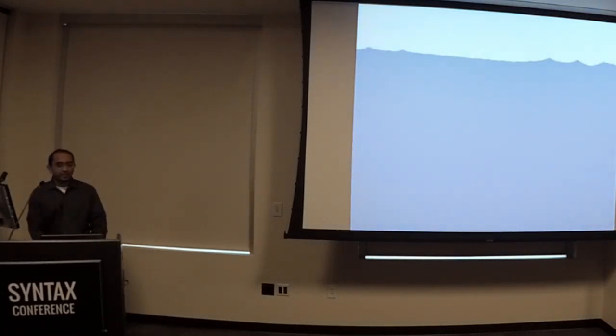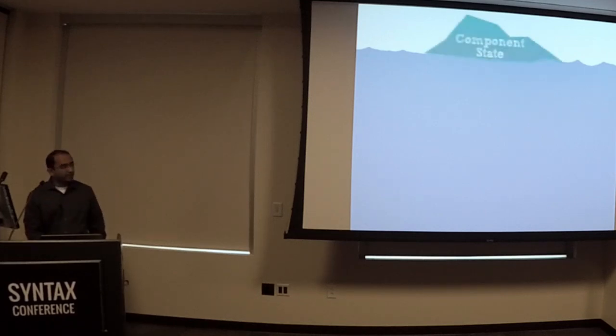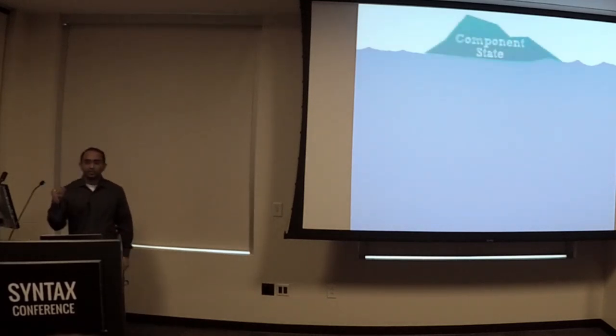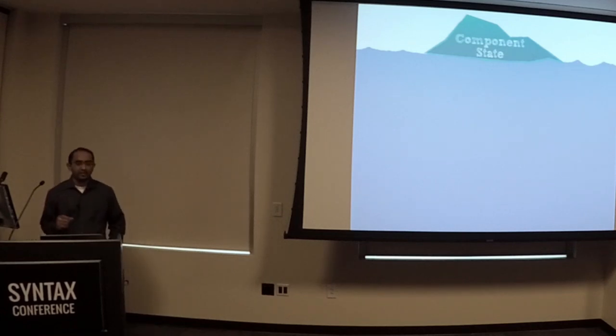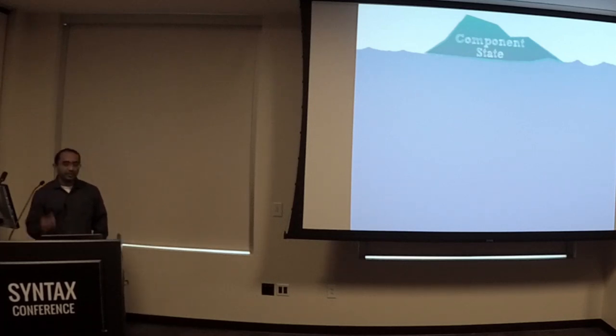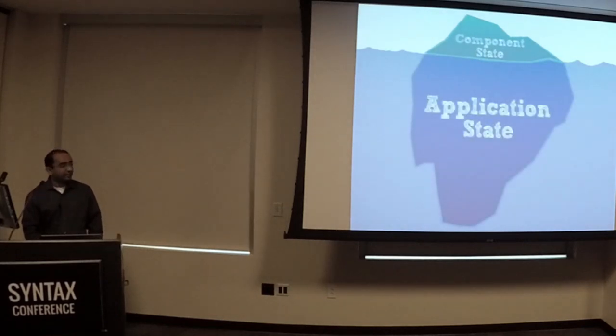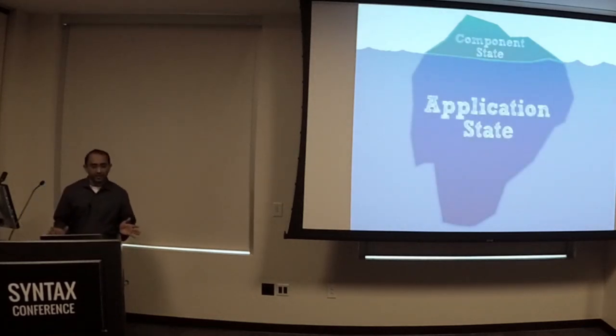So state in applications like React can be broken down into 2 types of states. The one which is actually visible to you is the component state, which is things like what you've selected on the screen, the colors, and the drag and drop interface that you have, or the current highlights that you have on the list and things like that. But what's hidden beneath, submerged under the surface, is the application state, and this is most likely the largest part of your application.